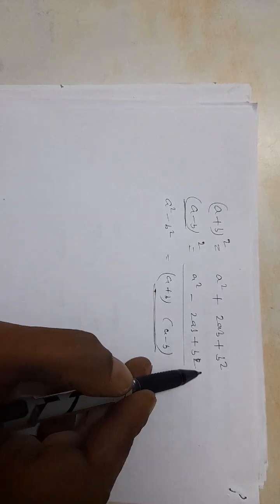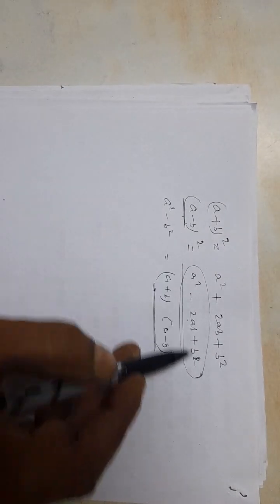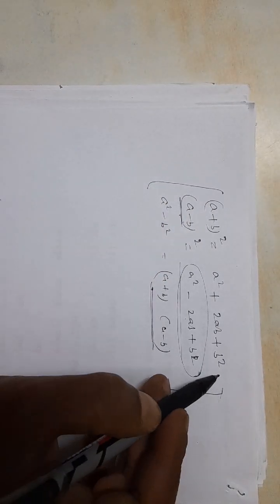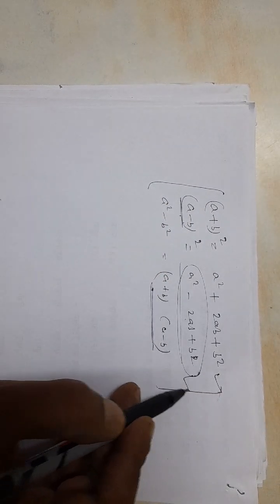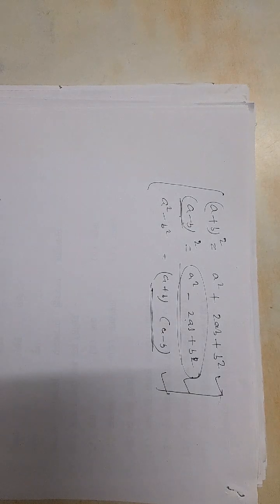This one is expanded form. So these 3 are the initial identities: identity number 1, identity number 2, and identity number 3. Most of the questions and most of the exercises are related to these three identities.